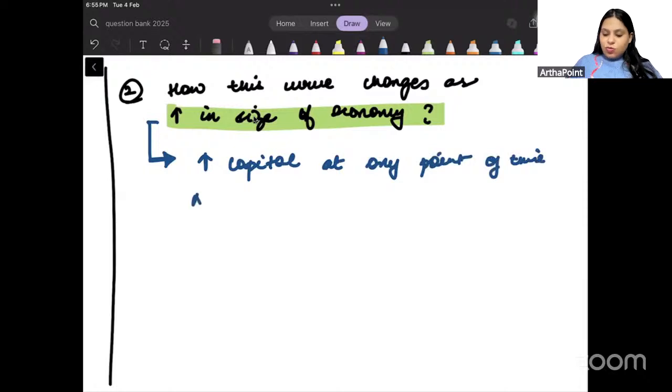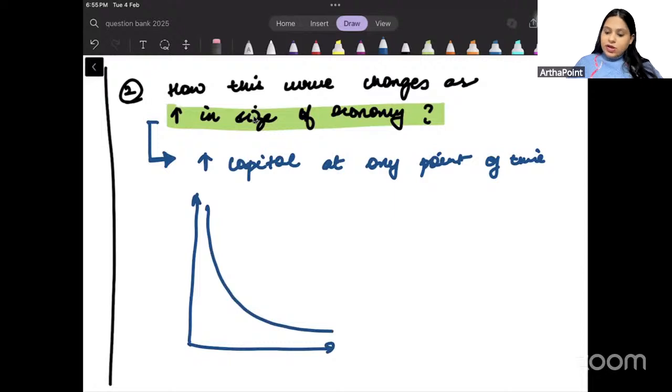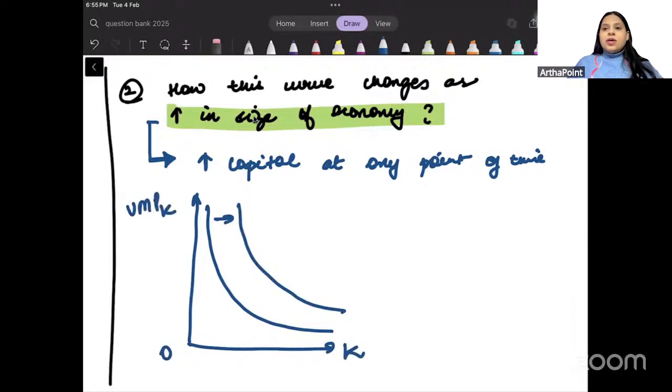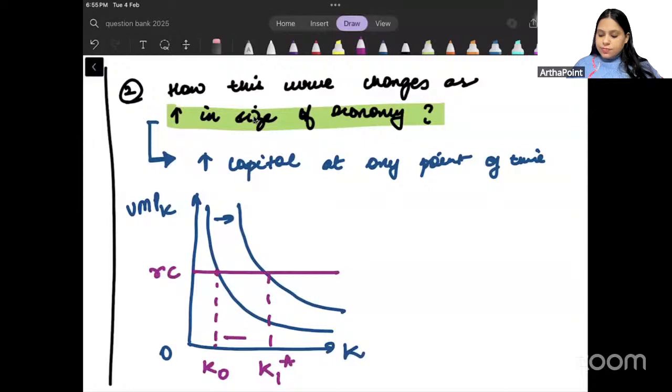It means that if this is my existing curve, it will shift to the right. This is K, this is VMPK. तो the curve will shift to the right. हमारा जो desired capital stock है, वो increase हो जाएगा. Right. So if I keep rent to be constant, suppose ये मेरा rental cost constant है, so we will see that there is an increase in the desired capital stock. Desired capital stock will increase.